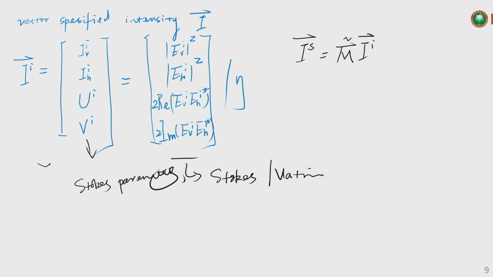So this matrix is called the Mueller matrix. Mueller, I think he's a German guy, so it is named by his name, Mueller.